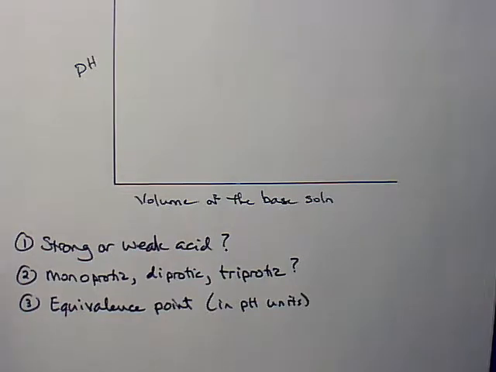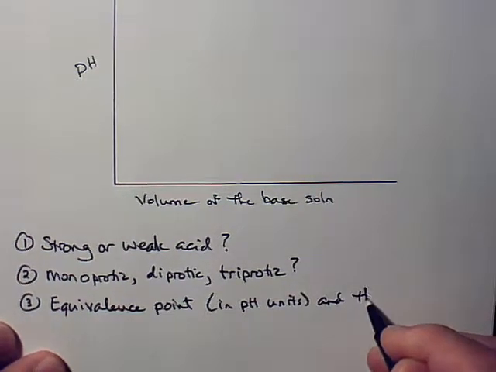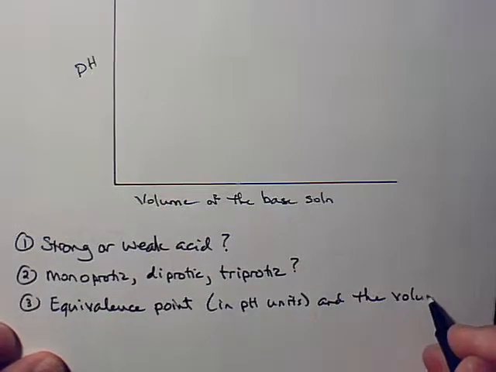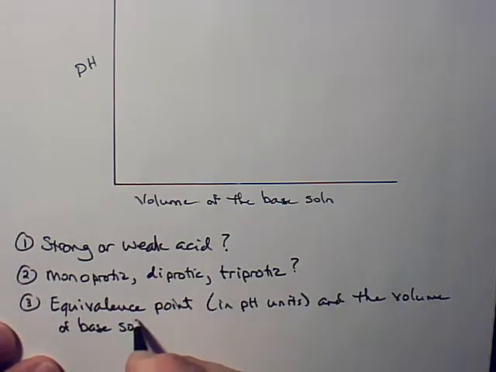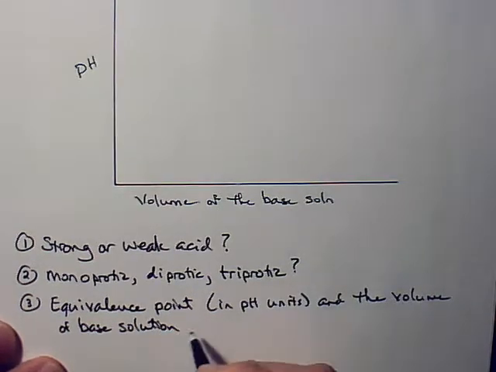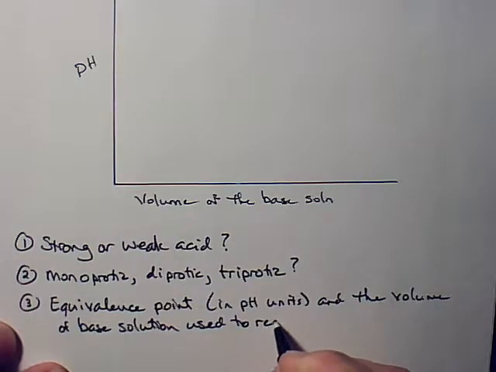First time this semester we've had just a number. And you'll be able to tell me the equivalence point and the volume of base solution used to reach that point.